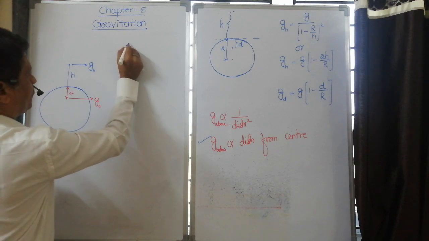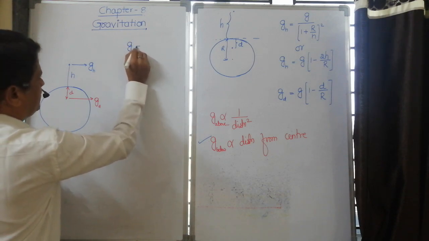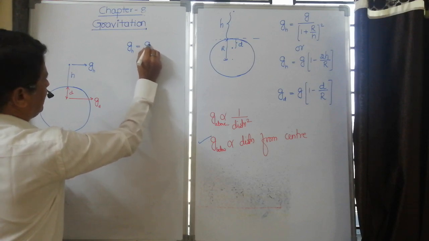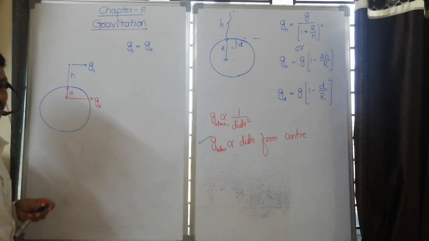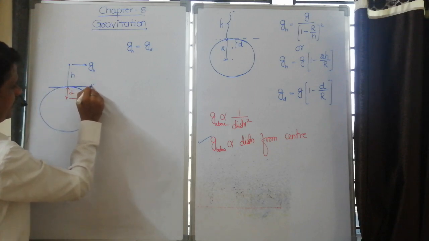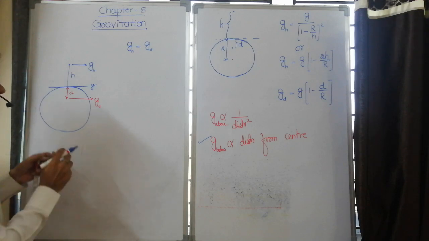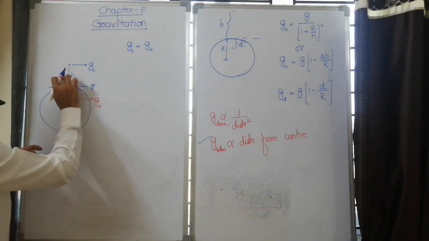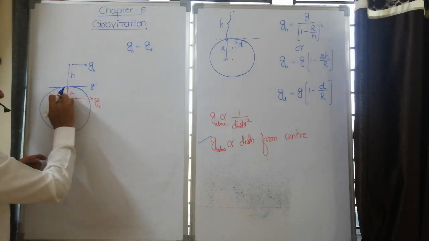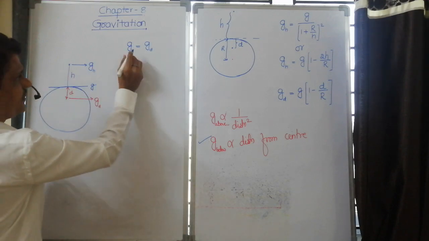That is, when g at a height h is equal to g at a depth d. You know, on the surface of the earth, it is maximum, that is g. Then as we go, it decreases, here also decreases. Therefore at small distance only they become equal.